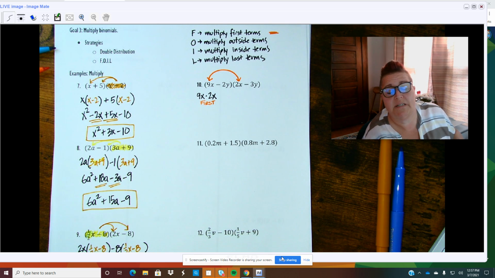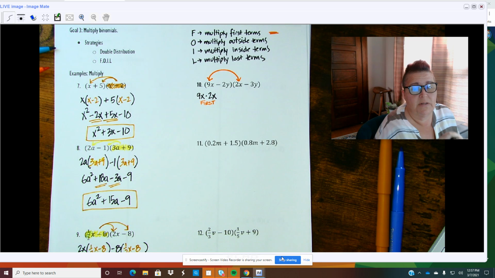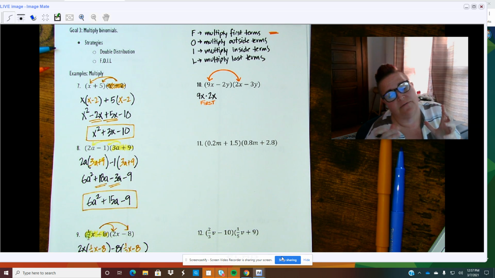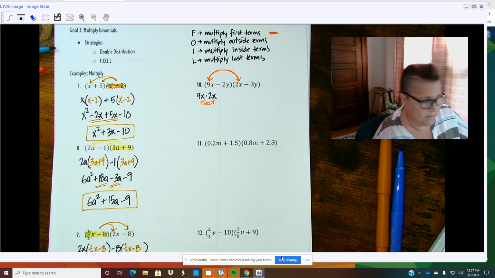Those are the first terms in each of the polynomials, or in each of the sets of parentheses. So the 9x is the first term in the first set of parentheses, and the 2x is the first term in the second set of parentheses.